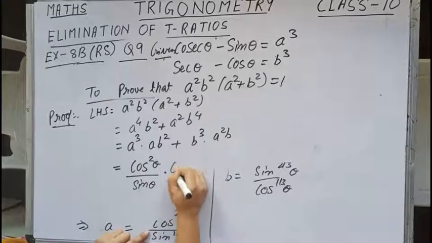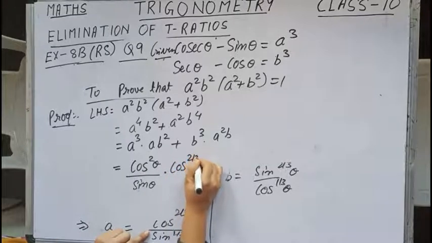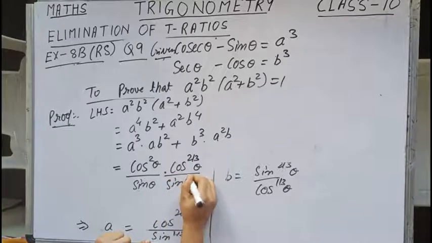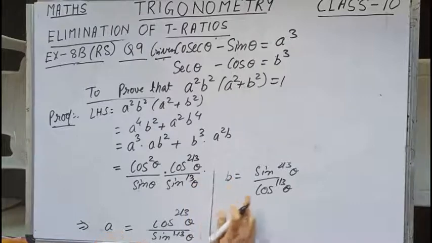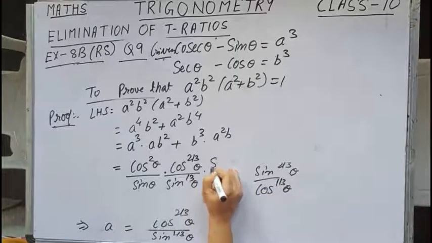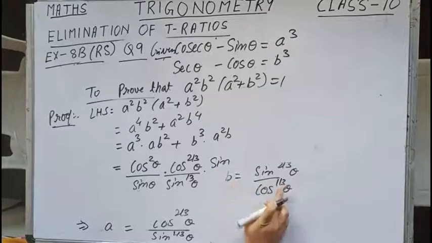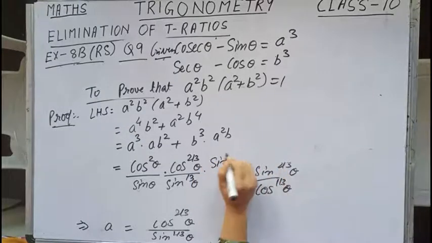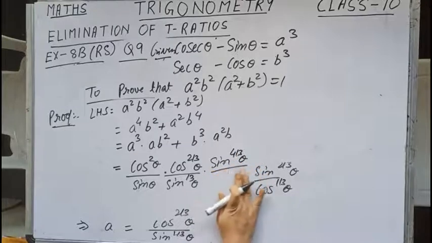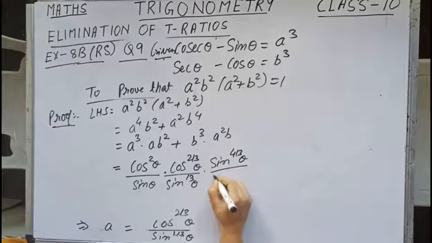From here I am writing into a value. A value is cos 2 by 3 theta and sin 1 by 3 theta into b square. B square value will be this, I have to write over here. So sin b is this one, so b square will be power 2. So sin 4 by 3 theta by cos 2 by 3 theta.